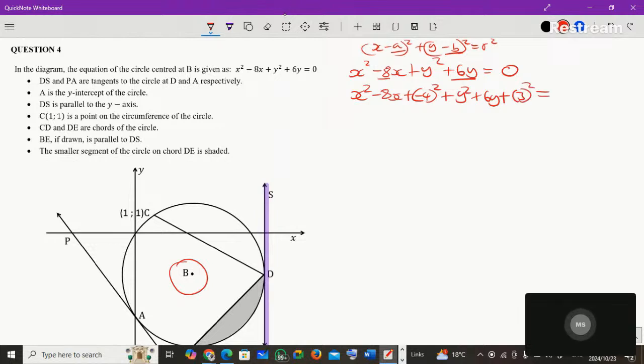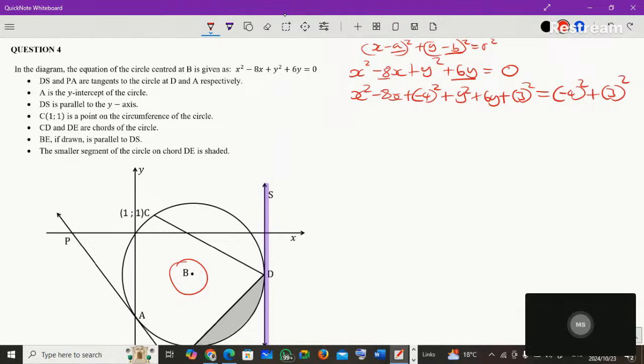Whatever we did on the left side we also do on the right hand side, so we add negative 4 squared plus 3 squared.